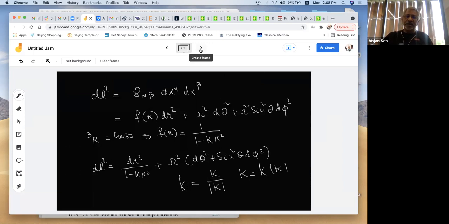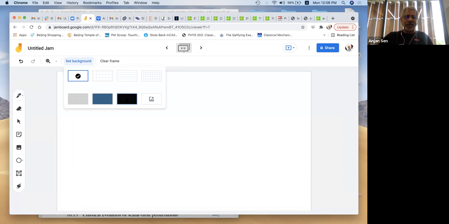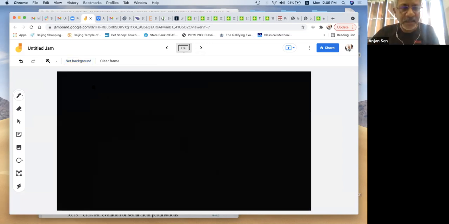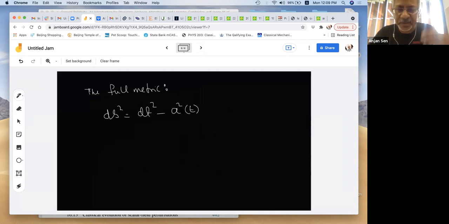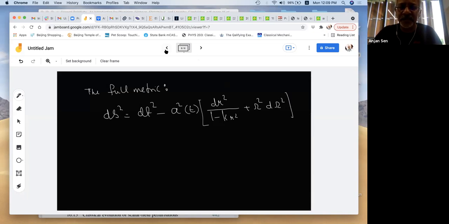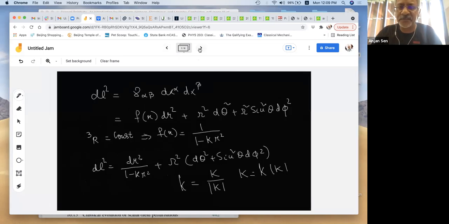So finally I can write the full metric: ds² equals dt², then the overall scale factor a²(t), the overall time dependence that gives how the universe is expanding, times dr² over 1 minus kr², plus r² dΩ², where dΩ² is dθ² plus sin²θ dφ².